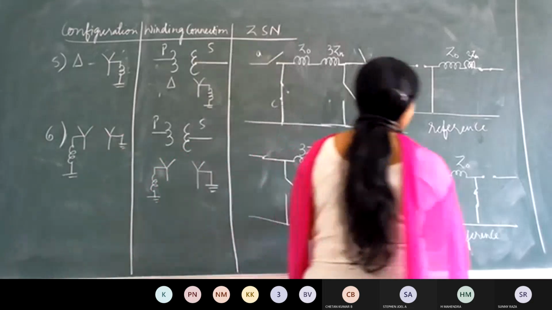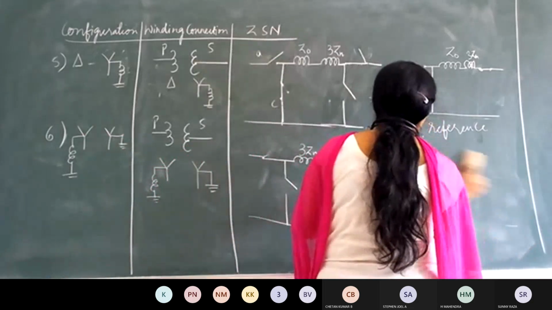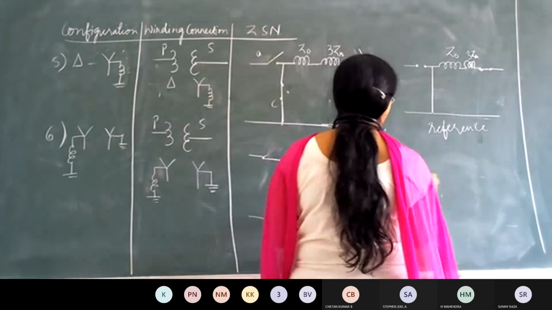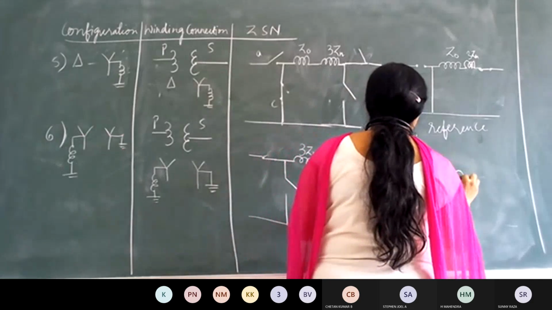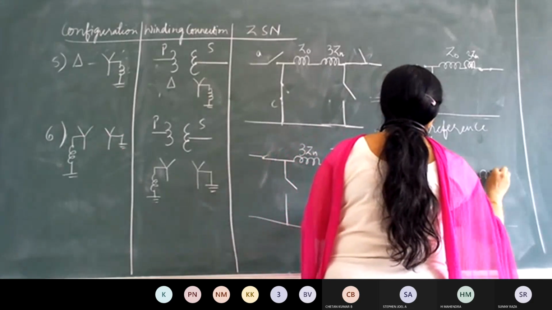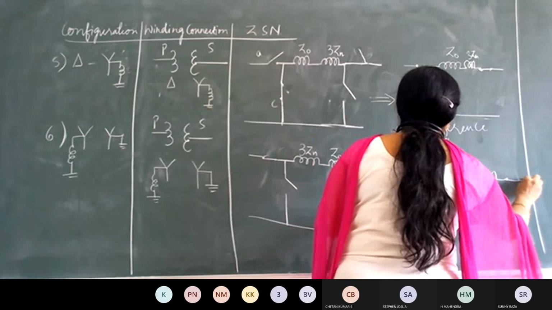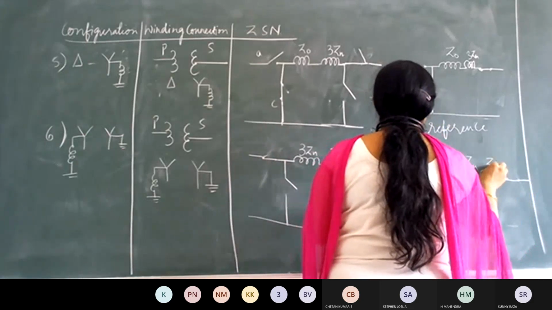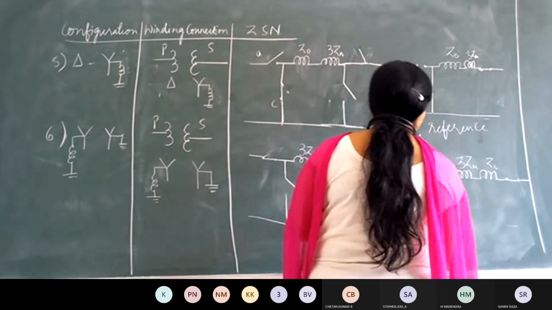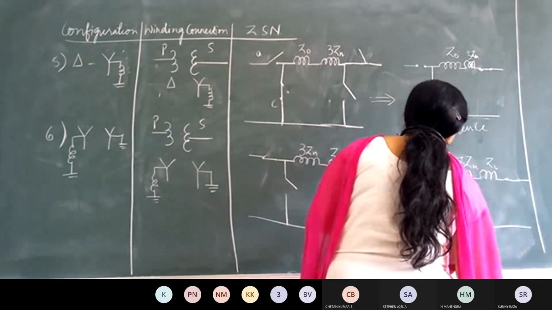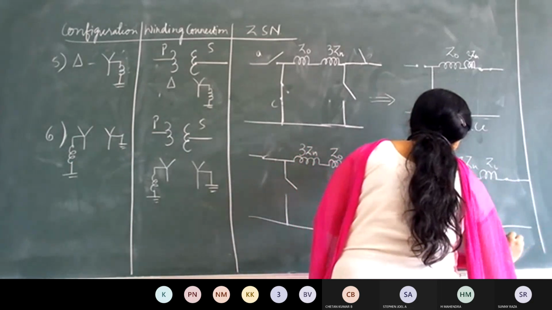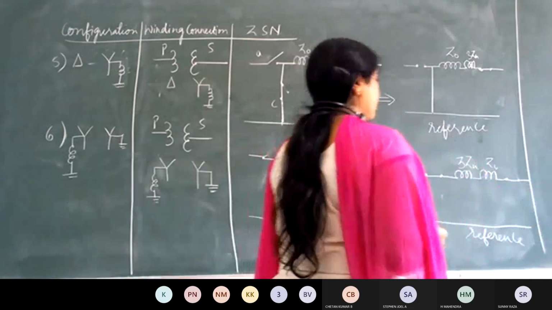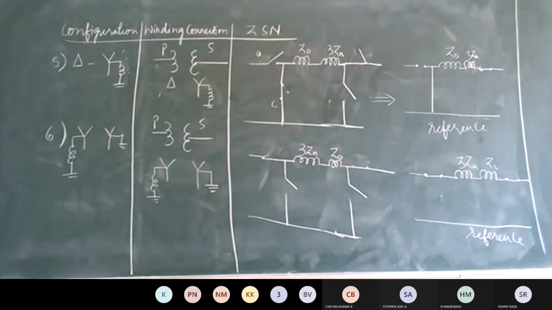Okay. So what is the final network there? What is the final network we will have? So this is 3Zn, Z0, 3Zn, this is Z0. Then the parallel switches I am removing as they are not closed. This is the final network for the given configuration. So note down that.